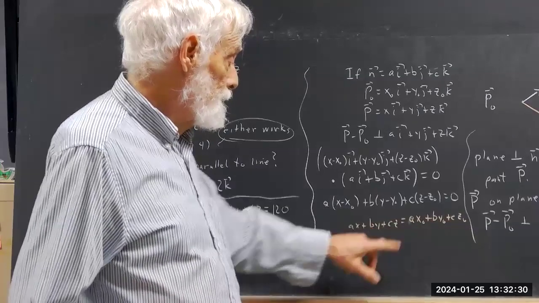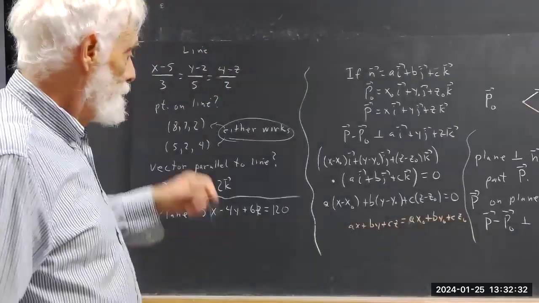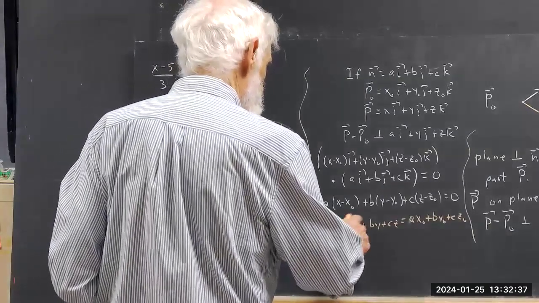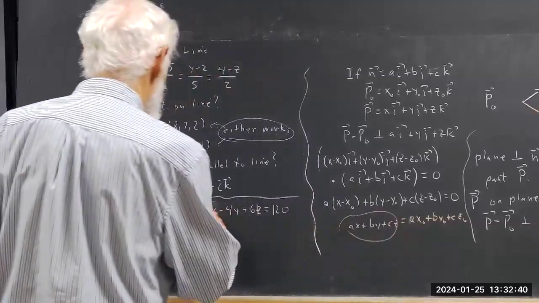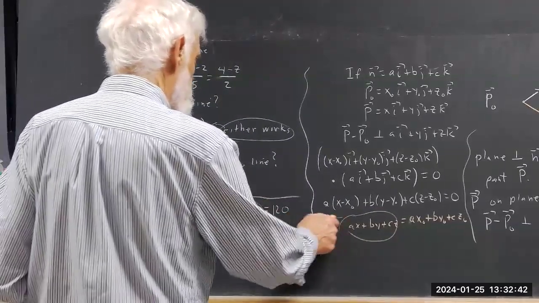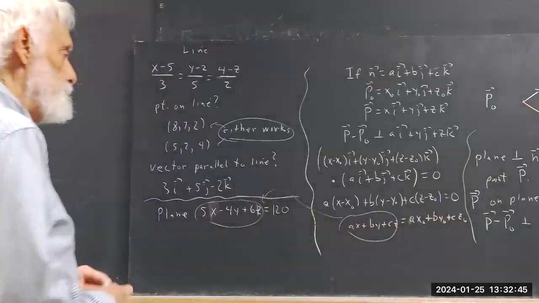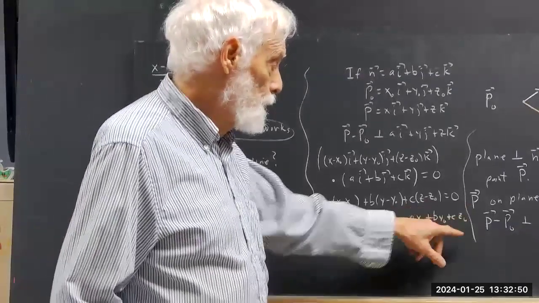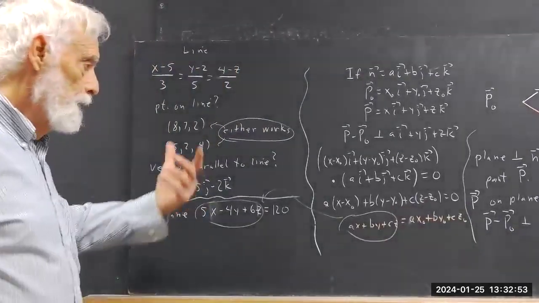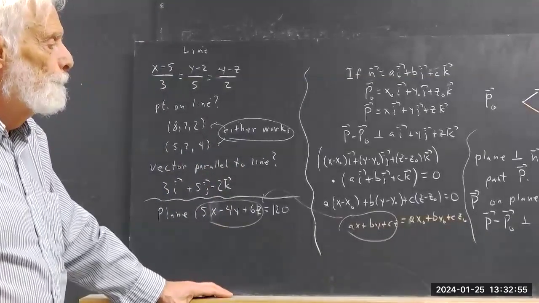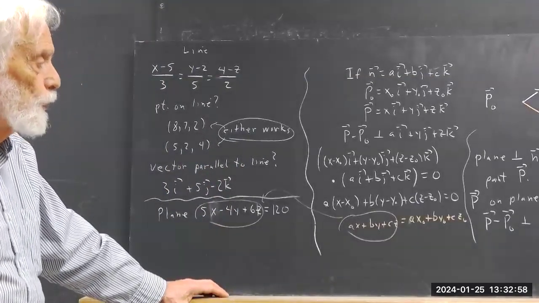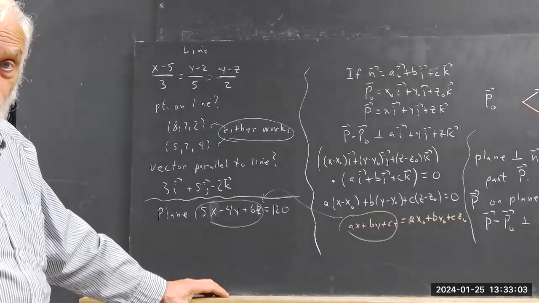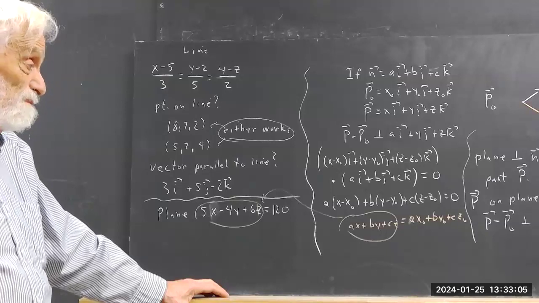This is the variable part of your equation, Ax plus By plus Cz. And then this number is what you get from Ax naught plus By naught plus Cz naught, depending on what point you choose. Well, let's test that out.